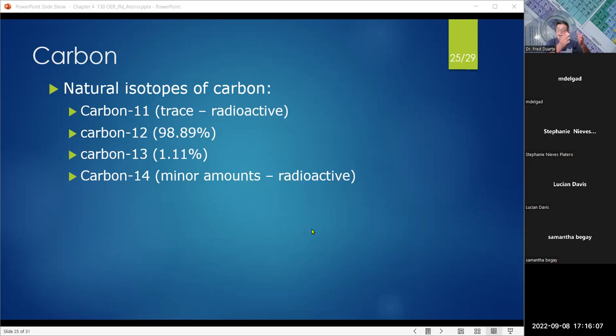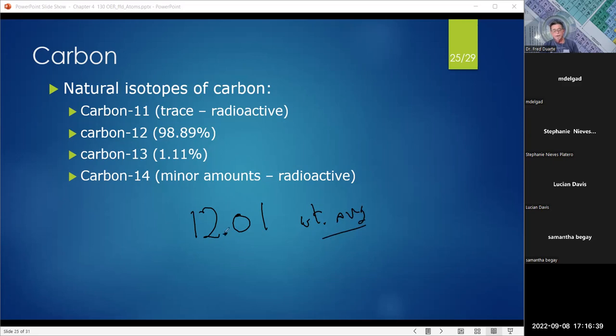When you take the average of those four numbers, 11, 12, 13, and 14, and take into account the percentage contribution overall, that's why you get a weighted average of 12.01 for the atomic weight for carbon.